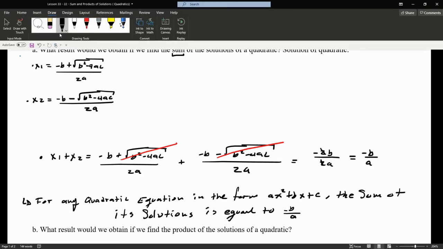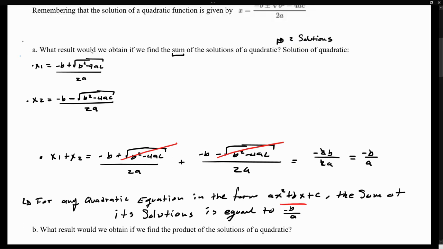And this will always be the case. For any quadratic, it doesn't matter what it is. If I take the coefficient of x, take the negative, and divide by the coefficient of x squared, that will always give me a value, and that value will always be equivalent to adding both solutions of any quadratic function.